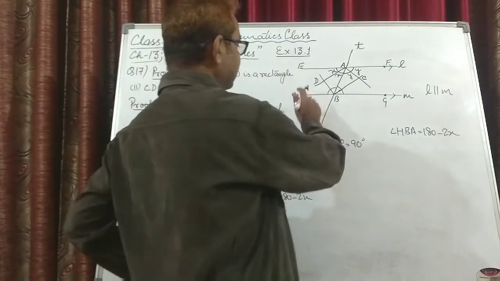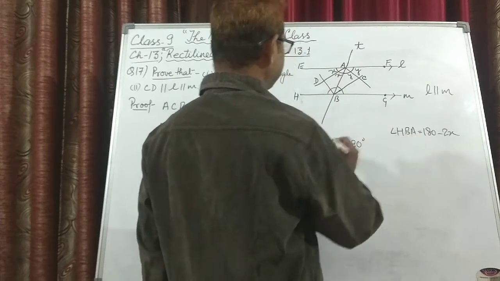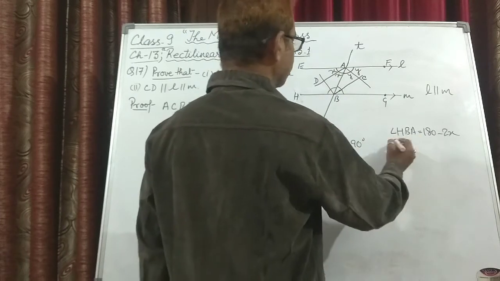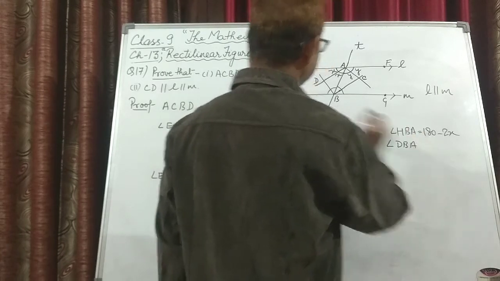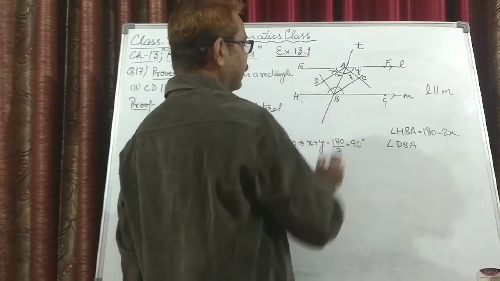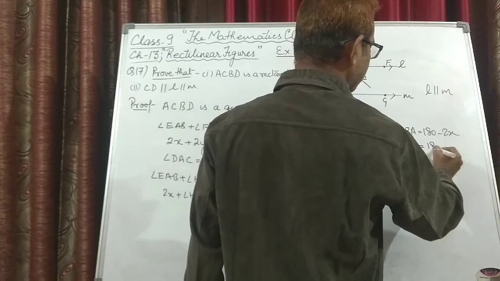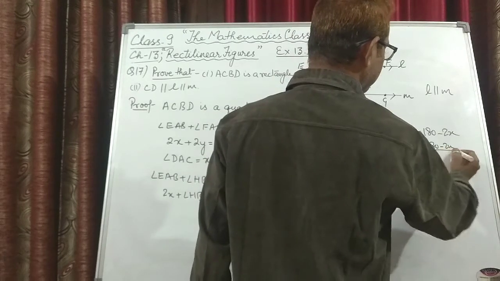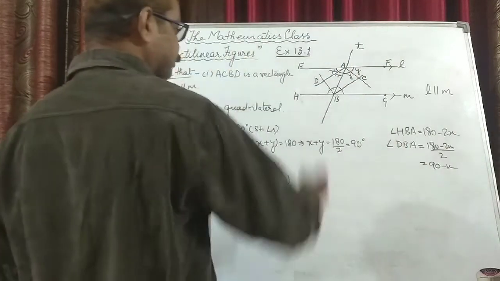So HBA is 180 minus 2x, and so we can say that angle DBA, this interior angle, is half of 180 minus 2x. It means (180 minus 2x) upon 2, which becomes 90 minus x.